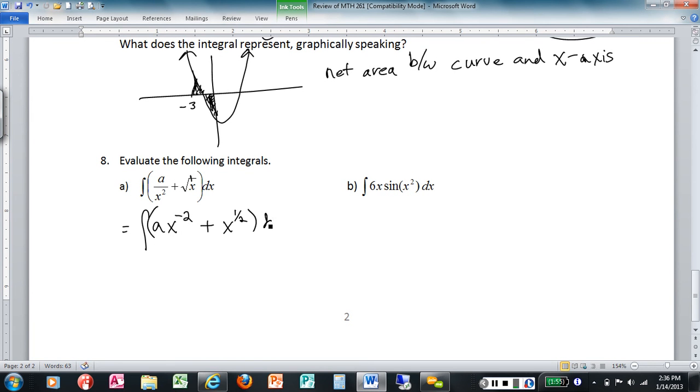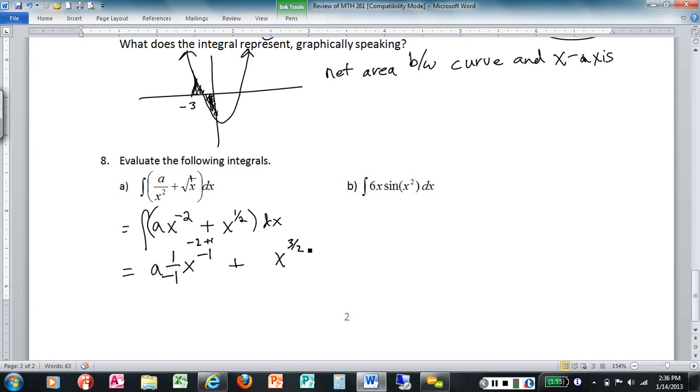And I threw in the a one because what about a? Yeah, just treat a as a constant, like a 3 or a 50 or whatever, and just do your power rule there. Now, when I do the power rule, x to the negative 2, I'm adding 1. So it's going to be a, and it's going to be x to the minus 1, minus 2 plus 1, so that is minus 1. So I'm going to divide by minus 1. And then the 1/2 power, I'd add 1 there, I'd get 3/2.